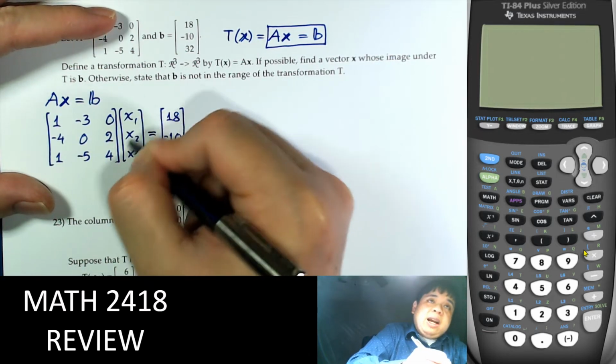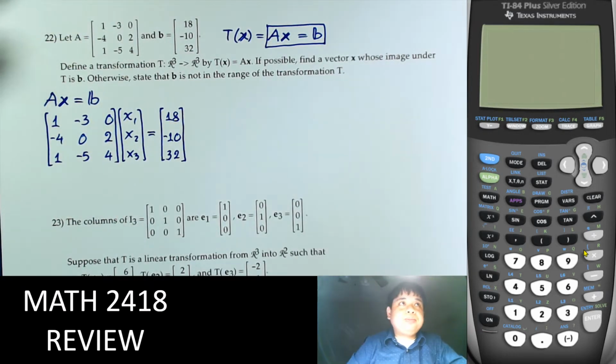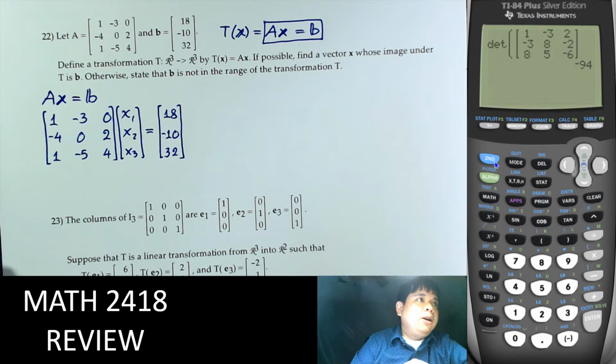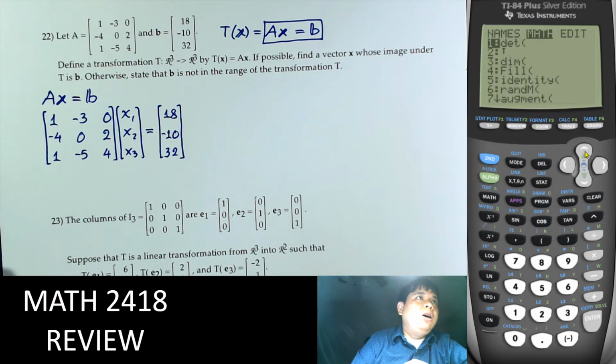Now we just solve for X. That will be easy. Second matrix, reduced row echelon form.